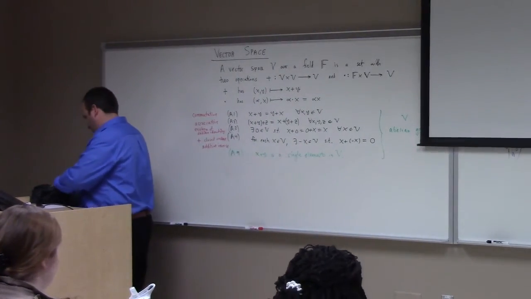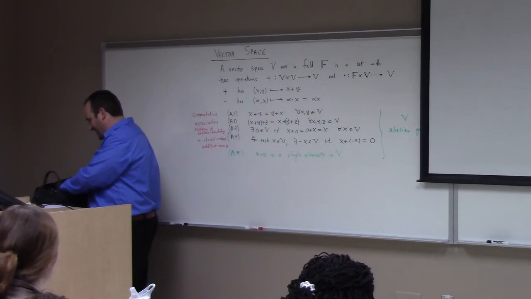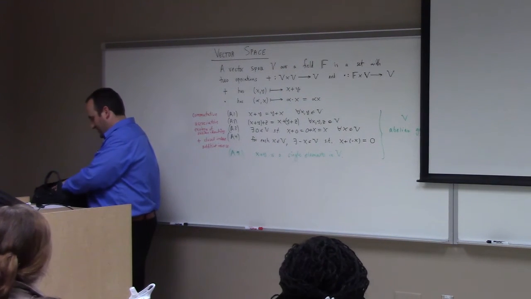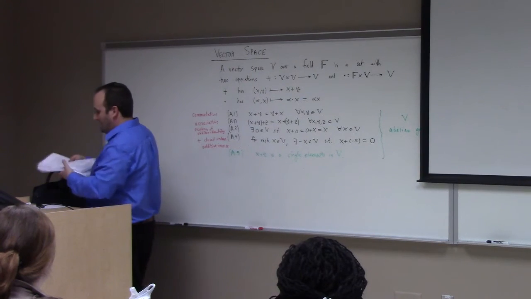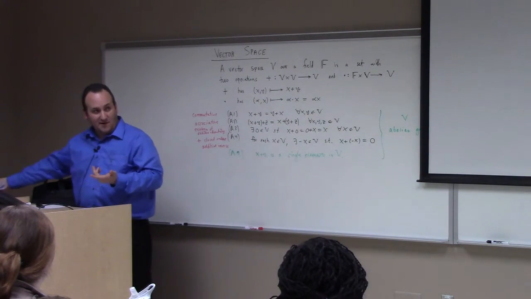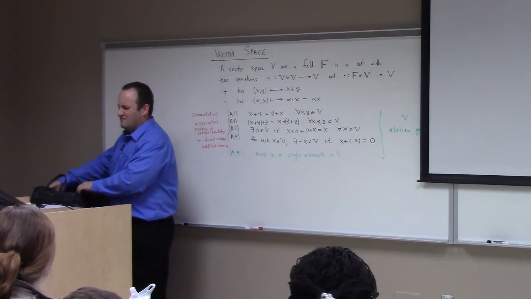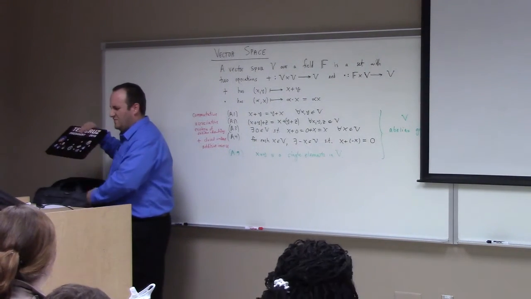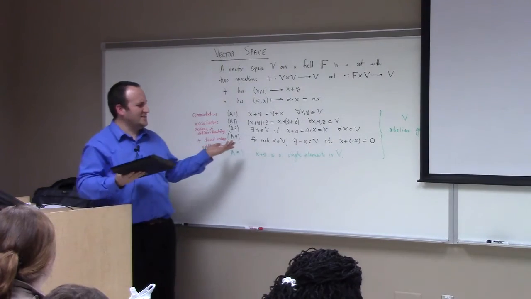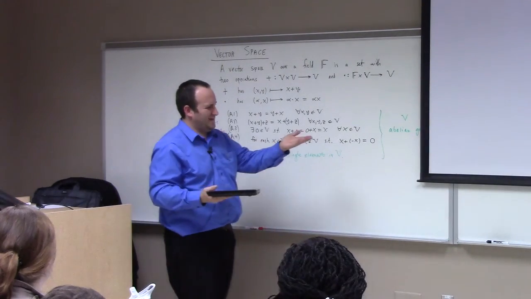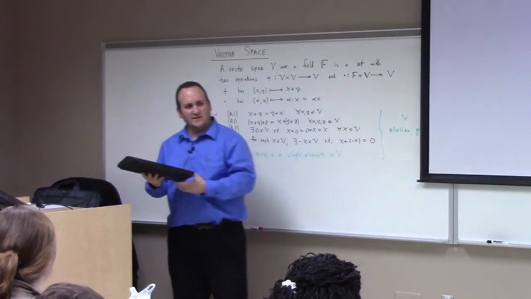Now, you might be like, wait a minute. If at this point you've read the homework, you should be like, oh, that's awful. You've asked me to check 10 axioms for these weird subsets of given vector spaces, right?